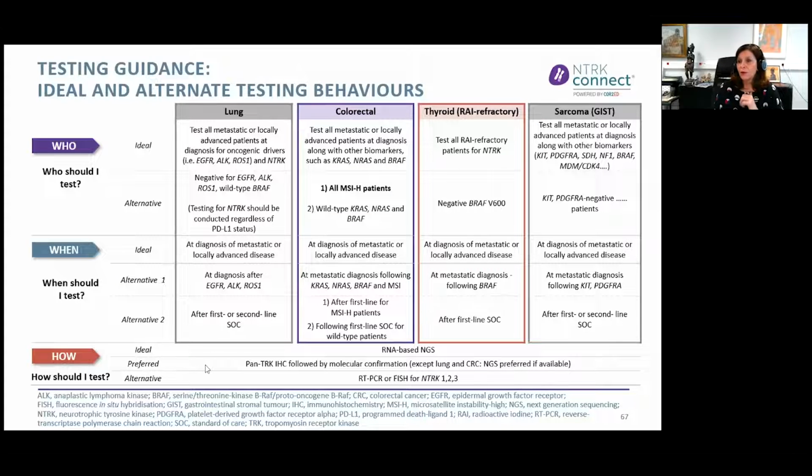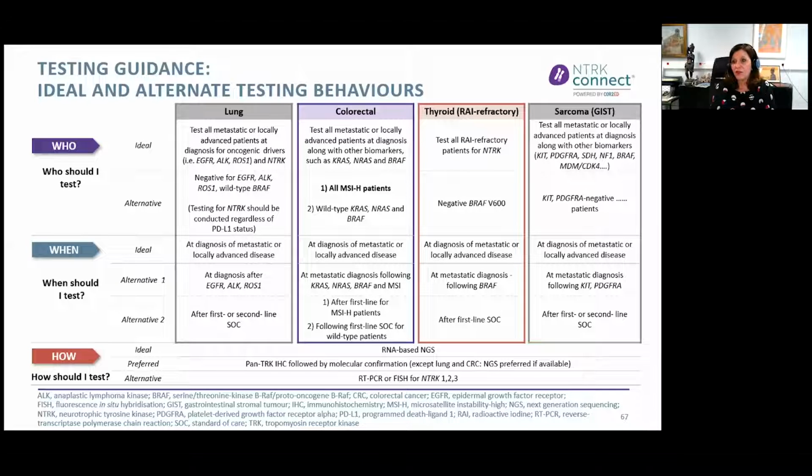For thyroid cancer, of course, we are not going to test all the thyroid cancer because of the excellent prognosis, even in the metastatic stage, but the patients that are radioiodine refractory, or we can start with the patients that are, if we cannot test all of them, at least test the patients who are not BRAF mutated. And for the sarcoma, we recently published the guidelines. So we know that the type of sarcoma, general sarcoma, where we have the most alterations are in the GISTs.